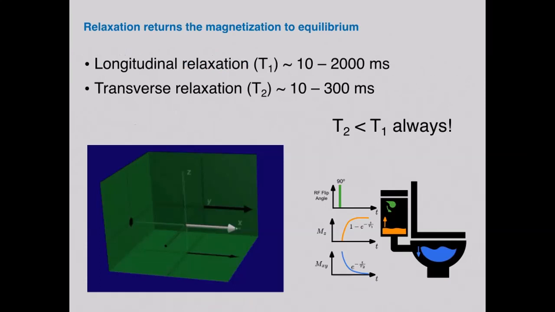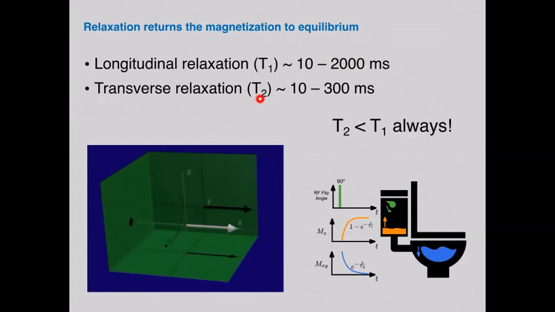Okay, so then magnetization, if you remember, relaxes. And we talked about the two types of relaxation. T1 relaxation is the longitudinal component relaxation, and those are somewhere between 10 milliseconds all the way to about 2 to 3 seconds, depending on the type of tissue. And there is transverse relaxation, T2, which is the transverse component.